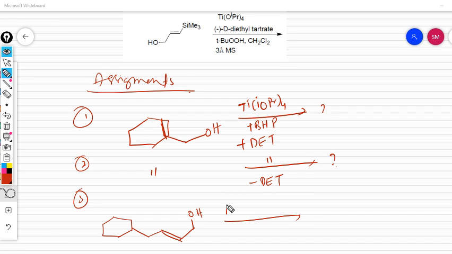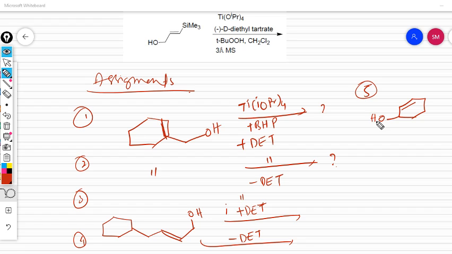So in the first condition, it is plus diethyl tartarate. What could be the product? Along with titanium tetraisopropoxide and TBHP. And the next, fourth one, it is minus diethyl tartarate. Then what could be the product? Okay. Next, fifth one, using plus DET plus Sharpless conditions.